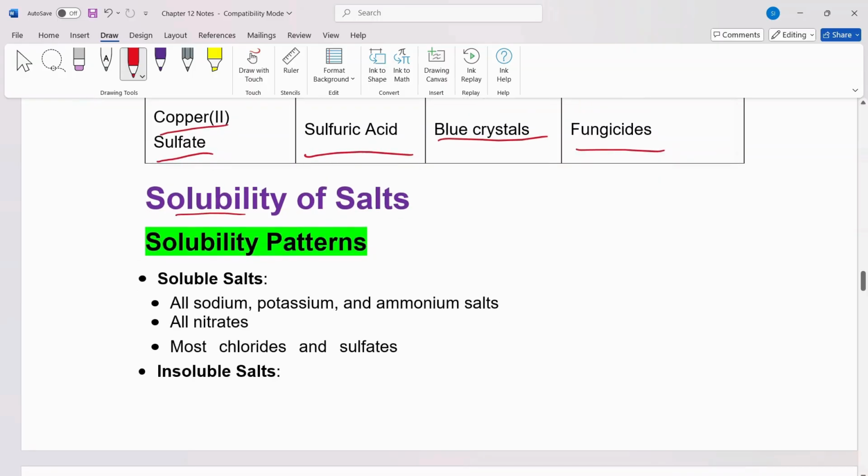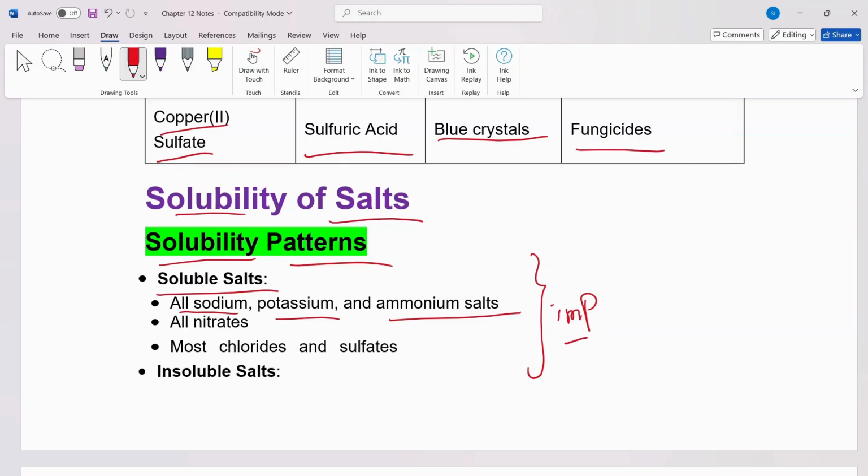Now let's talk about solubility of salts, solubility patterns. Soluble salts: all sodium, potassium and ammonium salts are soluble. All nitrates are soluble. Most of the chlorides and sulfates are also soluble.